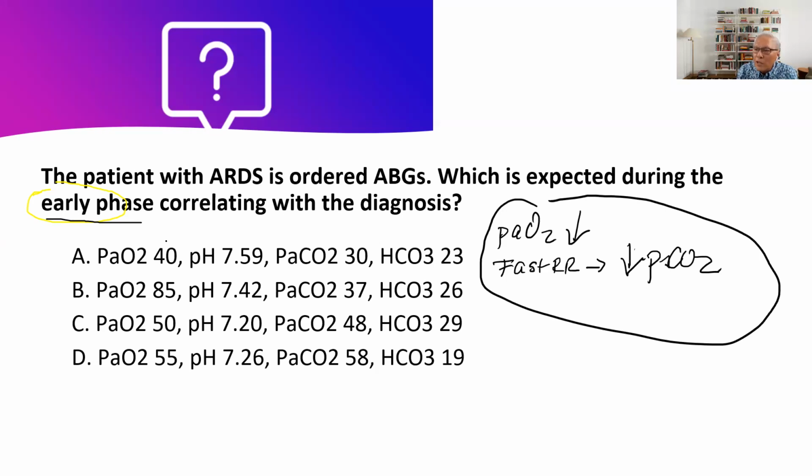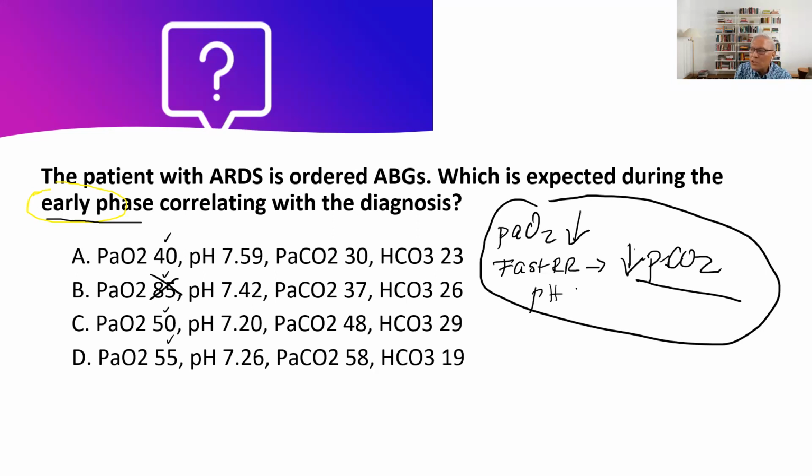So over here, it says PaO2 of 85, PO2 of 50, PO2 of 55. So we could eliminate this because this is high, I mean, it's technically the highest among them. So that would not be it. The second thing to take a look at is that if the PCO2 is going to be decreased, what's going to happen to your pH?